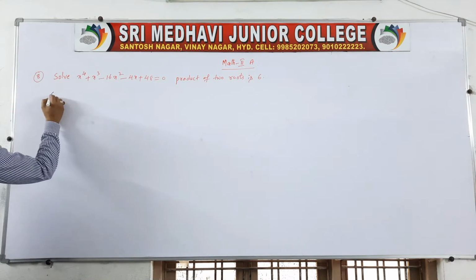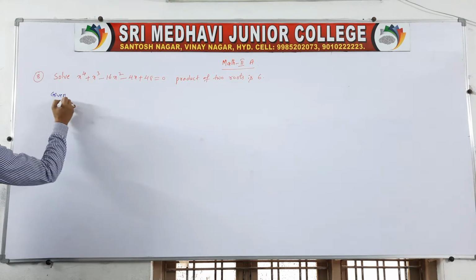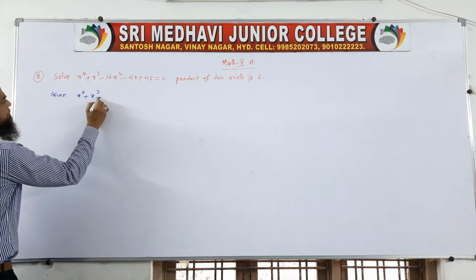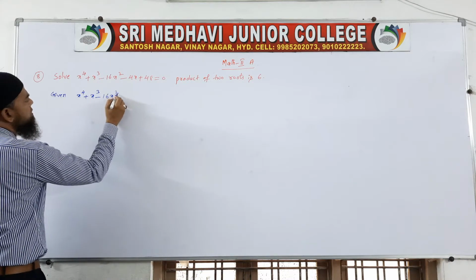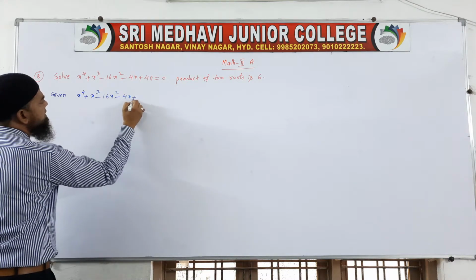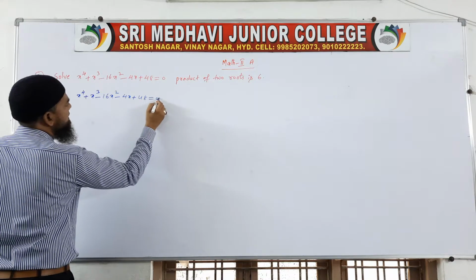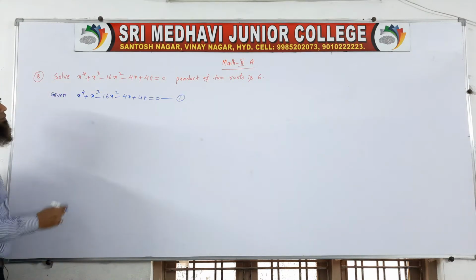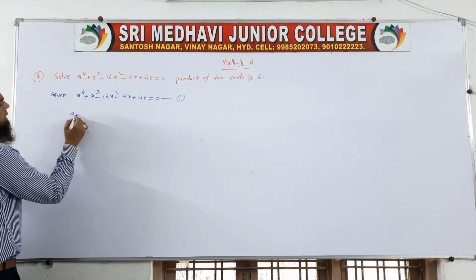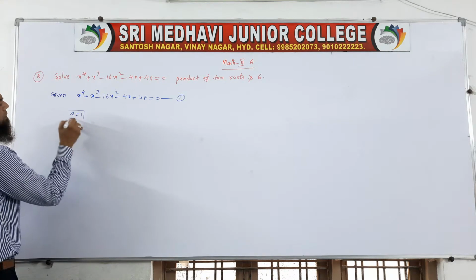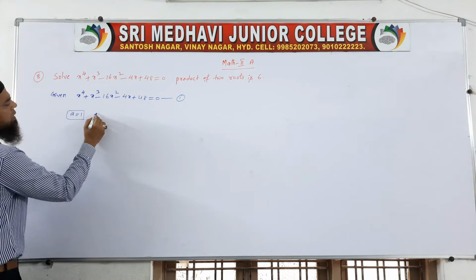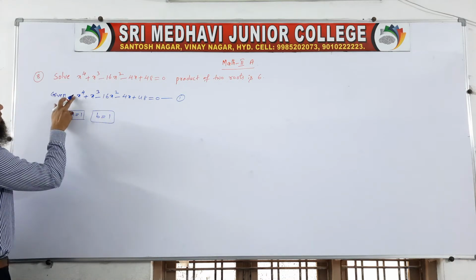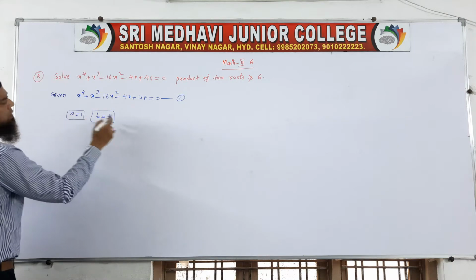First I am writing the given x power 4 plus x cube minus 16x square minus 4x plus 48 is equal to 0. Take it as equation 1. List out the values here. A is equal to 1, B is equal to 1. Okay.